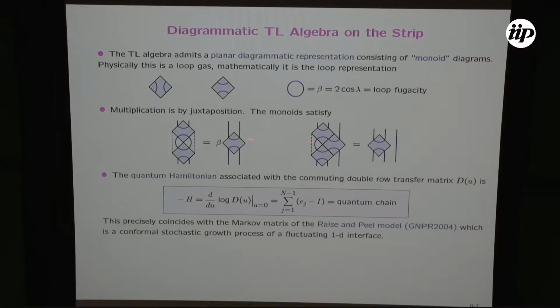The usual defining relations of the Temperley-Lieb algebra can then be shown diagrammatically. If you multiply 2 monoids together, E_j by E_j, you identify across the gap. These points are identified. You form a closed loop. It gets pulled out. It's a scalar factor assigned the weight beta. And then you collapse the diagram, remove the middle portion. You see you get a single E_j generator back again. Likewise for E_j E_{j+1} E_j.